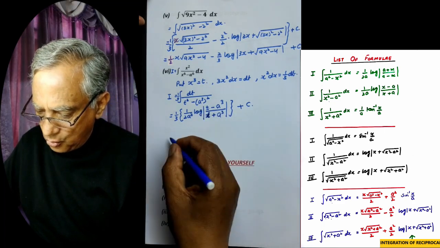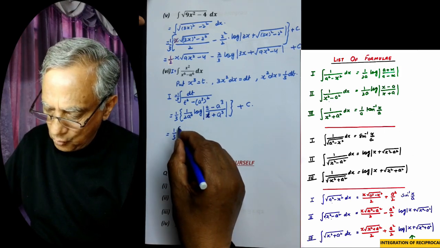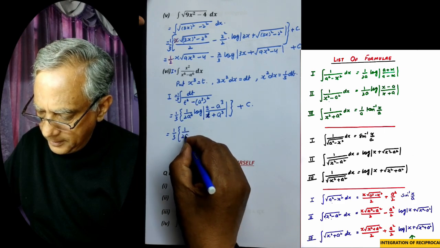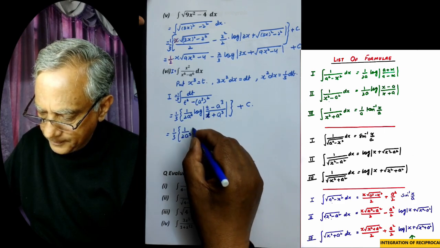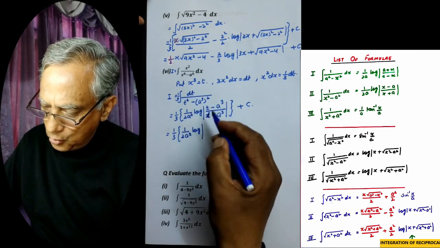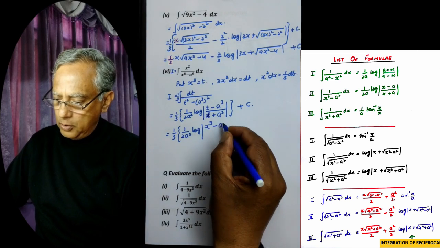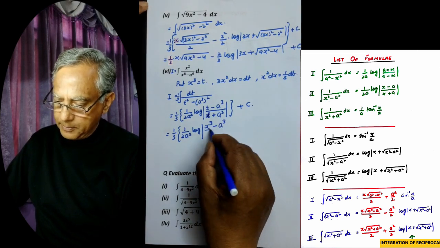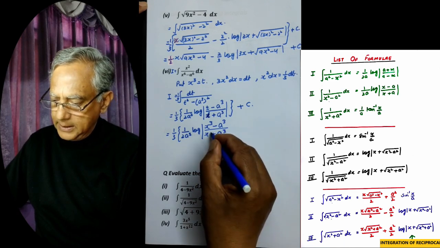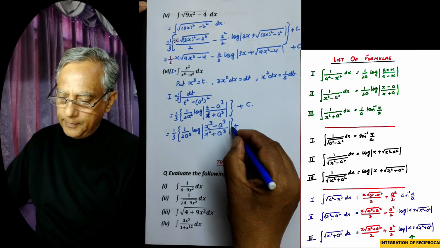So this is equal to 1 by 3 into 1 by 2a cube log of, now instead of t we can write x cube. So x cube minus a cube whole divided by x cube plus a cube plus c.